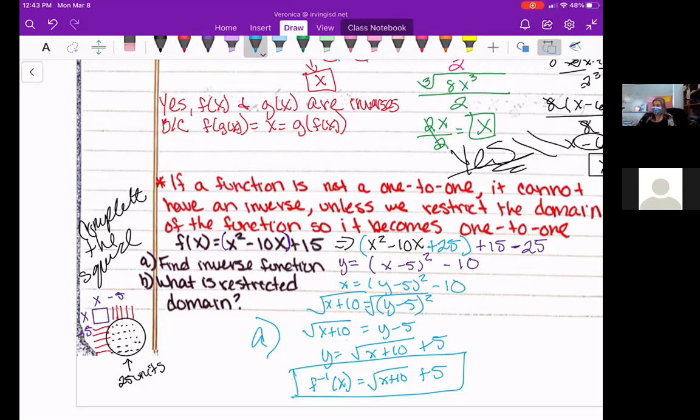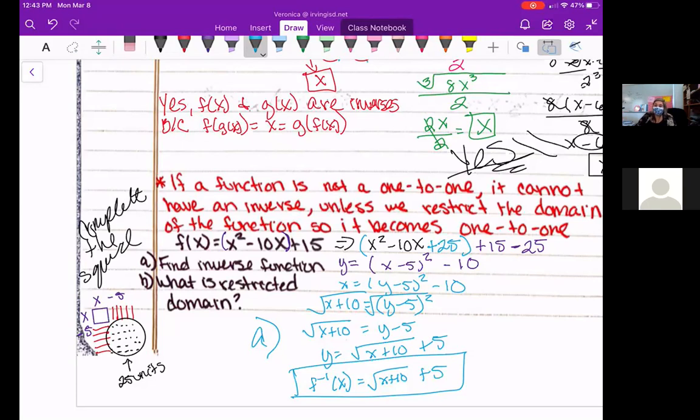Oh, I knew that didn't look right. Plus 5. Something looks weird.